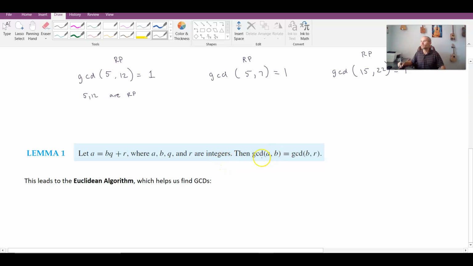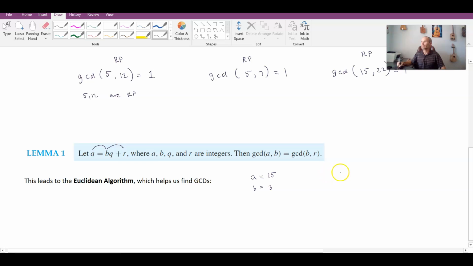Then the GCD between A and B is equal to the GCD between B and R. So let's see what we mean here. Let's pick A to be the larger value, and let's say that that number is 15, and we'll say that B is the number 3.